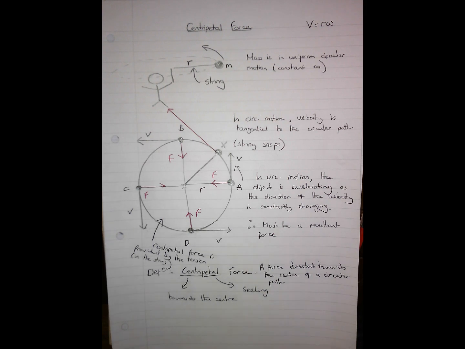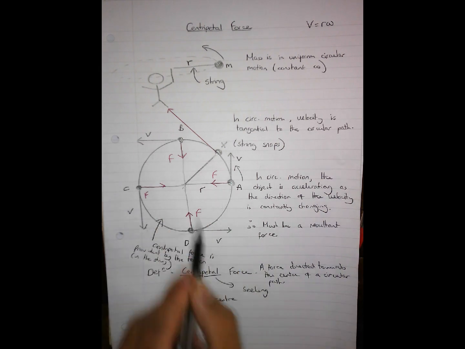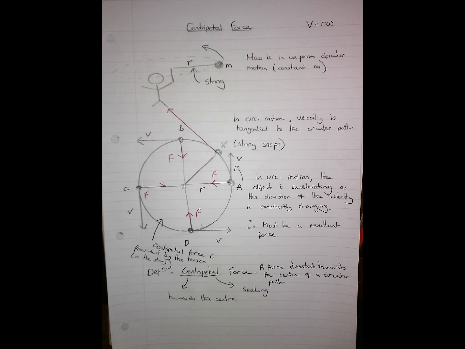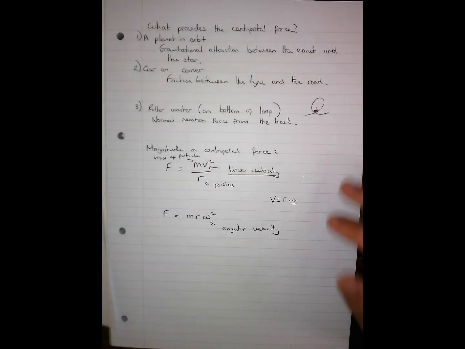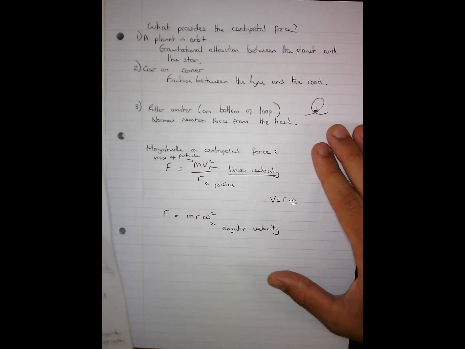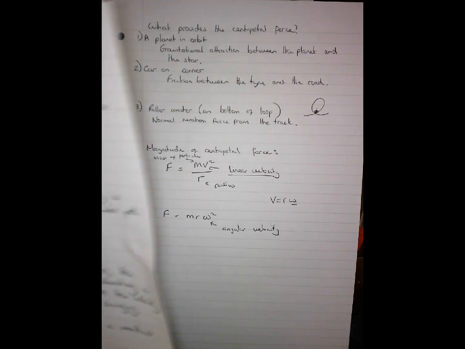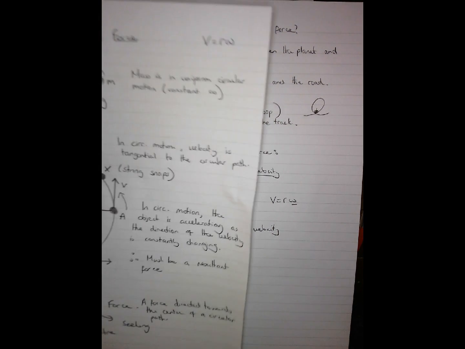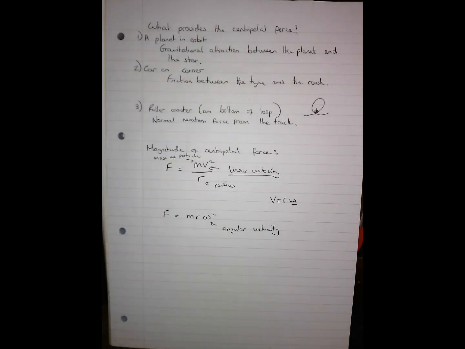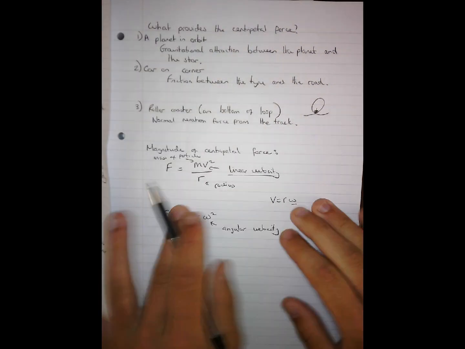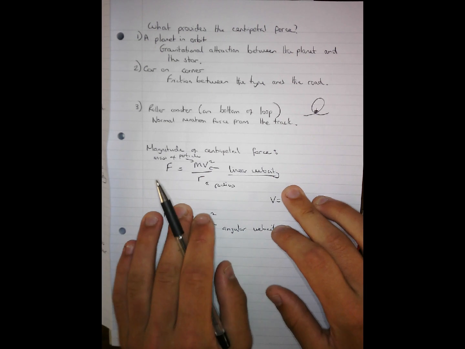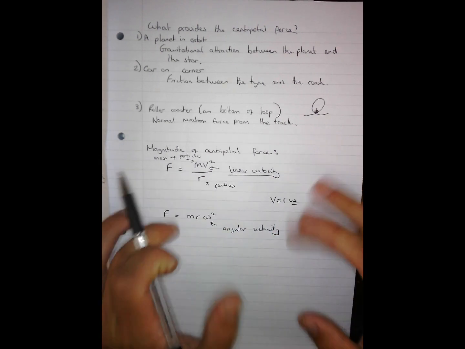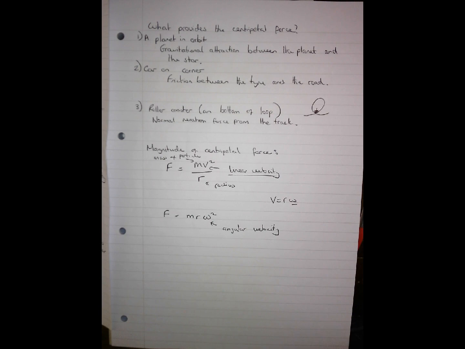In the case of circular motion, we call that resultant force a centripetal force because it's directed towards the center. And we looked at examples of what can provide the centripetal force because it's not a type of force in itself, it just describes forces that act towards the center of a circular object. And we saw that the equation for the centripetal force can be given by either of these 2 formulae.